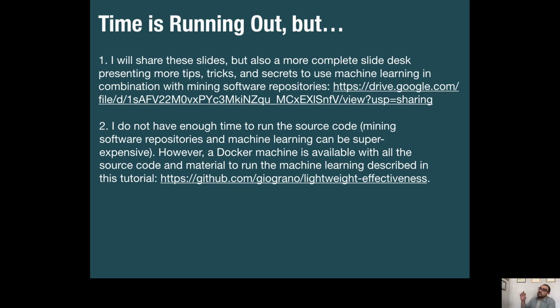However, Giovanni and I prepared a Docker machine, which can be used to replicate entirely the paper that we discussed in this tutorial. And there is this GitHub repository in which you can find all the instructions, as we are going to see in the next few minutes.